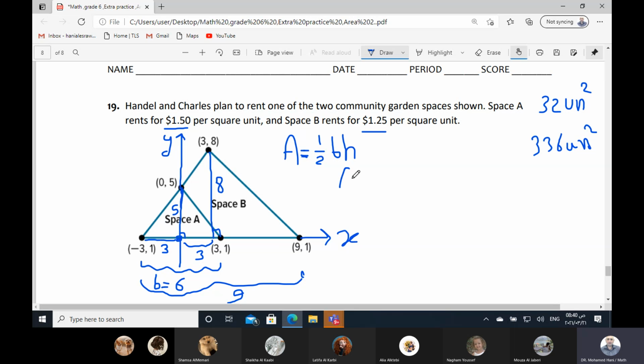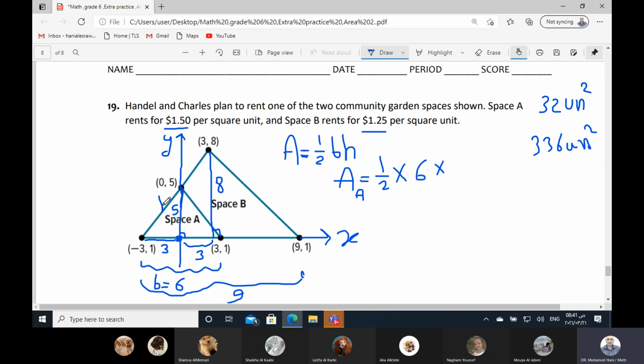So we can write the area of space A equals 1/2 times the base, which is 6, times the height. As you see here, the point (0, 5) means the height is 5.